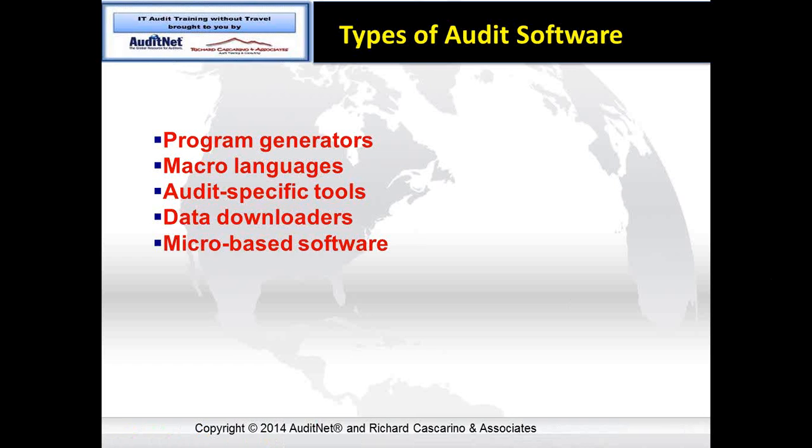Macro languages, these are the ACLs and the IDEAs of this world, where you will say, do that, then that, then that, and it goes and does it for you. Audit-specific tools, including things like data downloaders, PC-based software, etc. So all of these potentially appropriate tools.